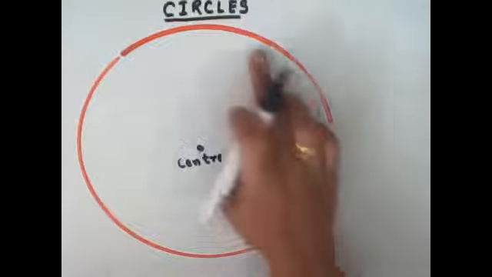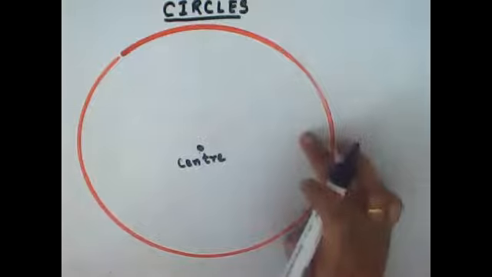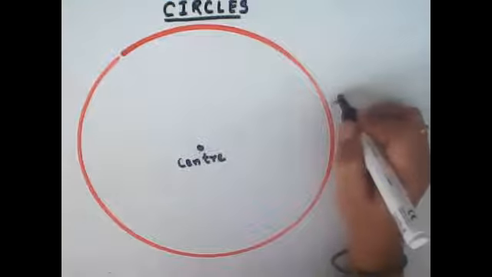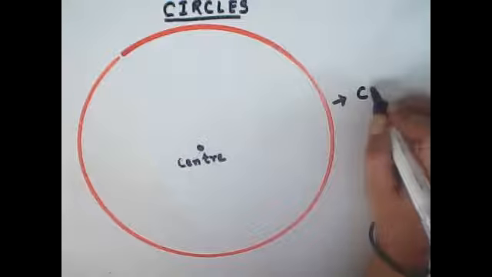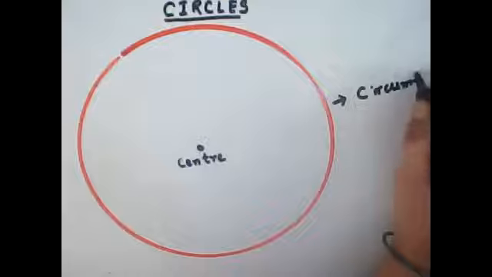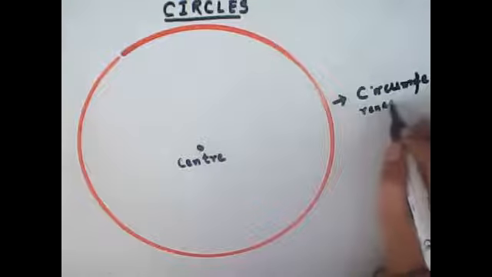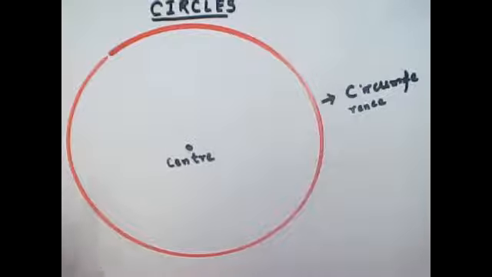And the set of all the points which are joined together to form the boundary of the circle is called the circumference of the circle. The boundary of the circle is called the circumference of the circle.